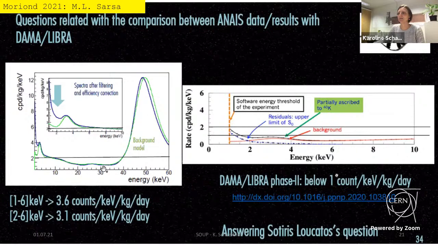Here you have the potassium contribution, the polonium contribution, and the overall counts per keV per kilogram per day is around 3, which is a factor 3 higher than what DAMA has, with 1 count per keV per kilogram per day. This is also shown here. There you see 1 keV, 2, and what they achieve.